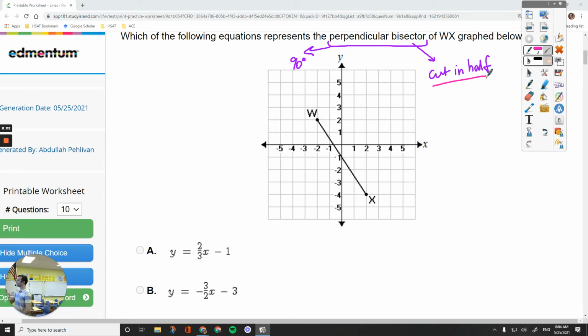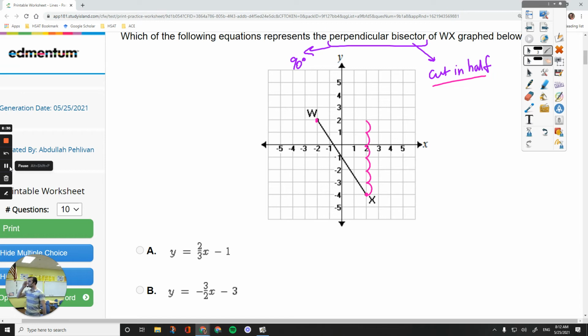For this, first I will count the vertical difference from point X to point W. So from here to here, we need to figure out how many units we have to go up. So 1, 2, 3, 4, 5, 6. If I'm dealing with a bisector, I'll just cut it in half.